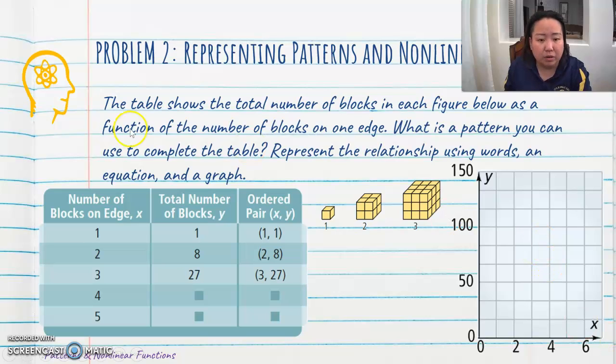All right, so if you're going to take a look here, if you have a total of 4 on the edge, okay, try to look at the patterns here. 1 stayed as 1, 2 became 8, all right, and then 3 became 27.